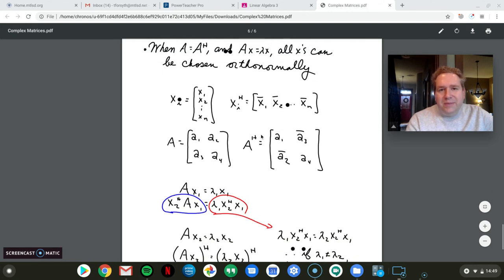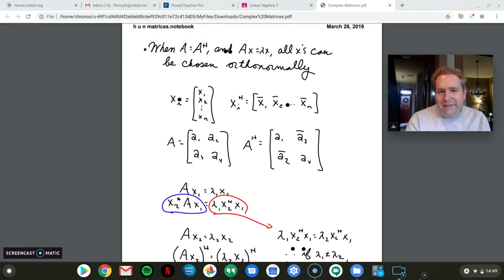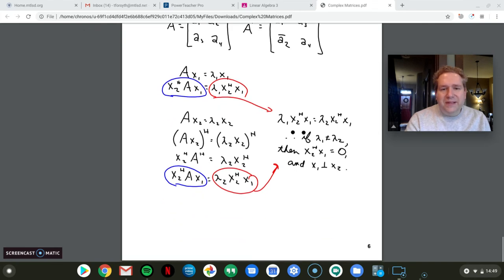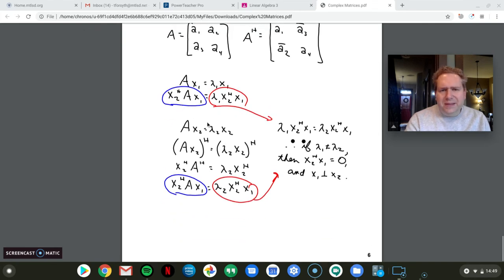And just to be clear, this is what I mean. This is a 2 by 2 A, I guess, but this is an A, and this is the Hermitian version of A there. And we've seen a very similar proof, and I think I used stars at that point in time, of how we can show that these two vectors have to be orthonormal.